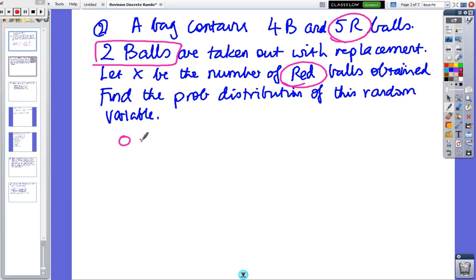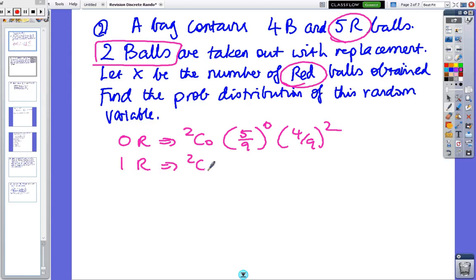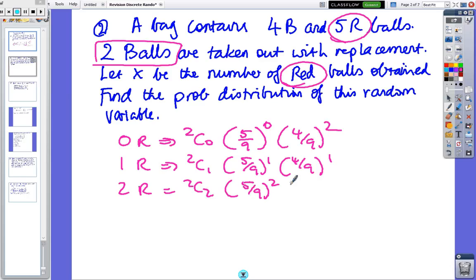So to get no red balls, it's 2C0, red is 5/9 to the power of 0, 4/9 squared, and then 1 red, 2C1, 5/9 to the 1, 4/9 to the 1, and then 2 red balls, 2C2, 5/9 squared, 4/9 to the 0.